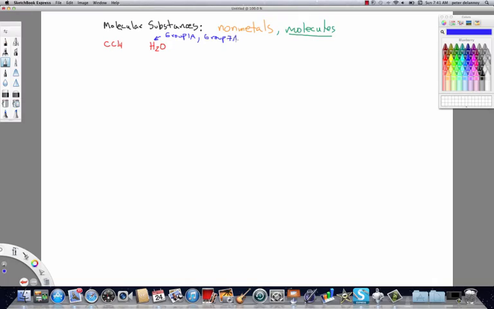Now, for all applications, essentially, in my view, except for a few, hydrogen is always considered a nonmetal. So when you see it in a compound, in any sort of molecule or chemical formula, you should consider the hydrogen from the aspect of its chemistry to be acting as a nonmetal. All right. So these two compounds represent essentially two kinds of molecular substances.